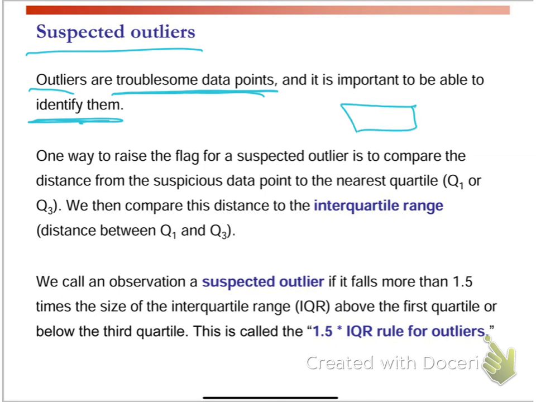If you remember, we have here the median, for example. In this box plot, we said that we have the first quartile Q1, we have here Q3, and the difference between Q1 and Q3 is called the interquartile range, okay?